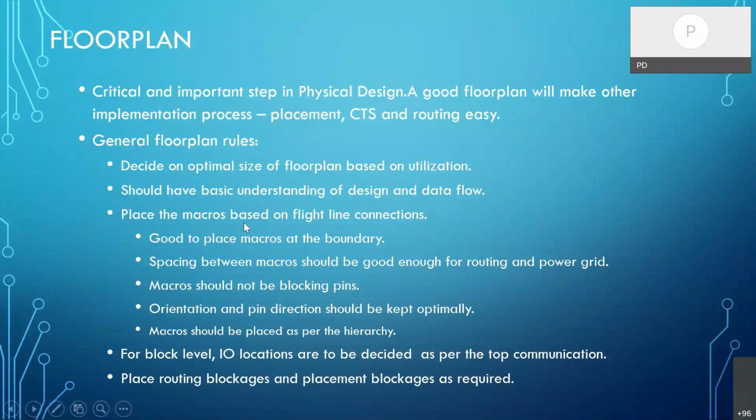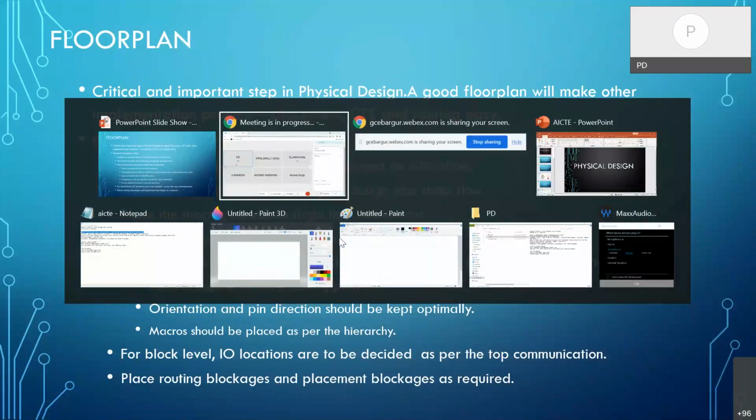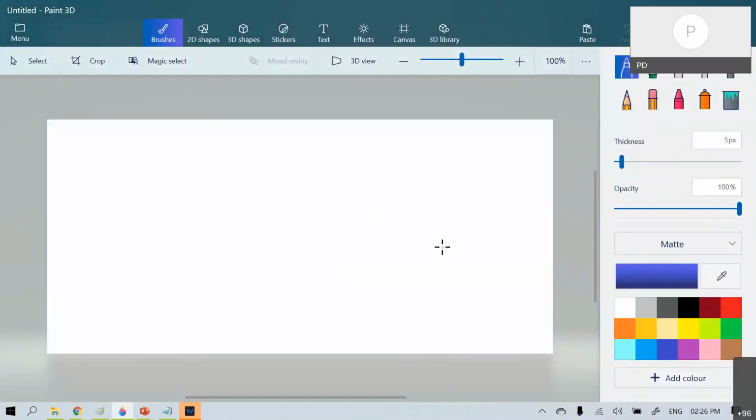So what are all the things we need to see? Basically, we should see the utilization of the cells, meaning the available logic: standard cells or macros. I'll often use the term macro, which means the intellectual IPs.